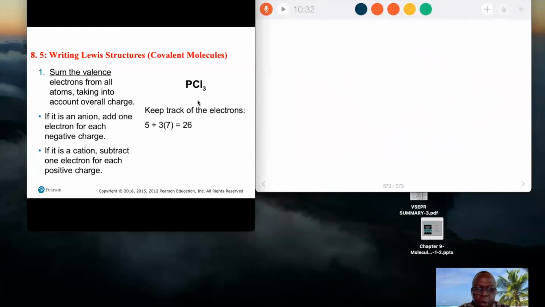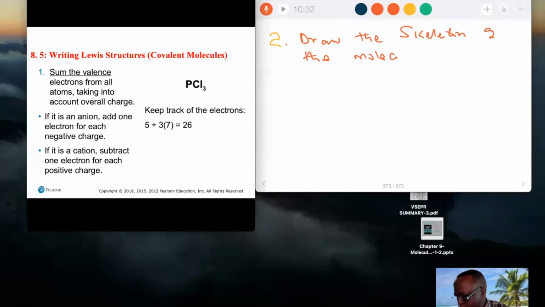So for this, once you know the total valence electrons you'll be working with, you now draw the skeleton. Number 2 here, draw the skeleton of the molecule or polyatomic ion, and always, unless otherwise, the first element is at the center, the central atom.